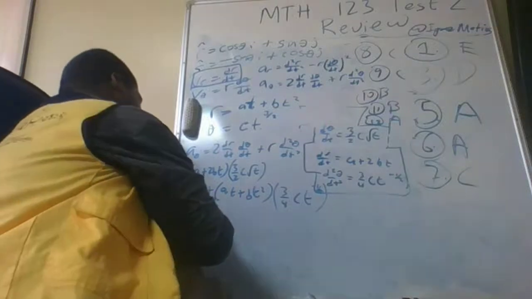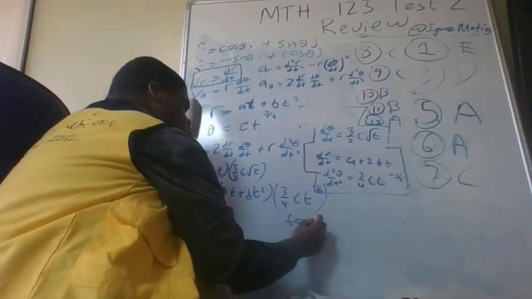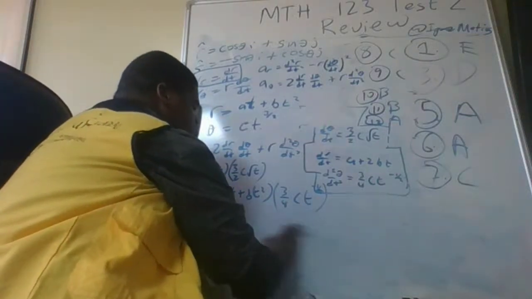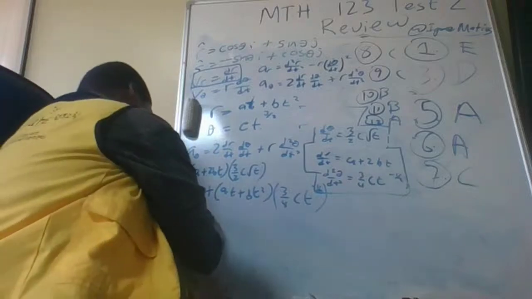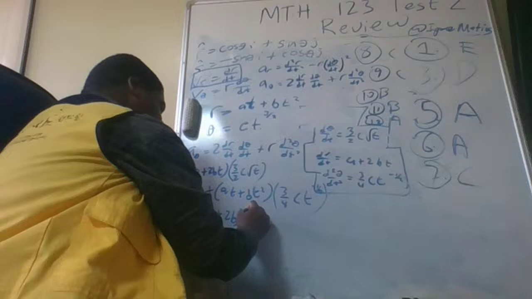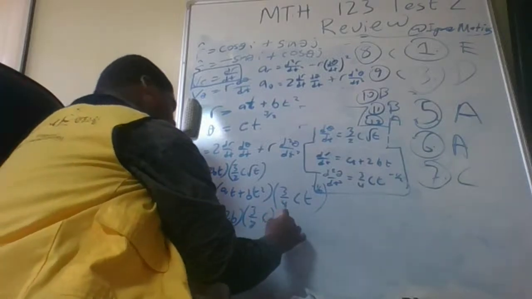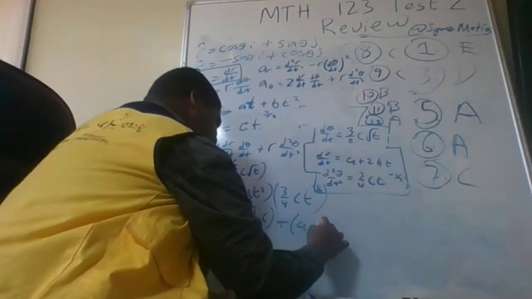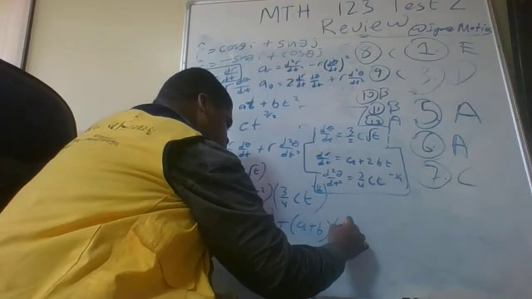Remember that all this is when time is equal to 1, so you replace all the t's with 1. So this equals 2 bracket open a plus 2b times 3 over 2c, plus a plus b times 3 over 4c.